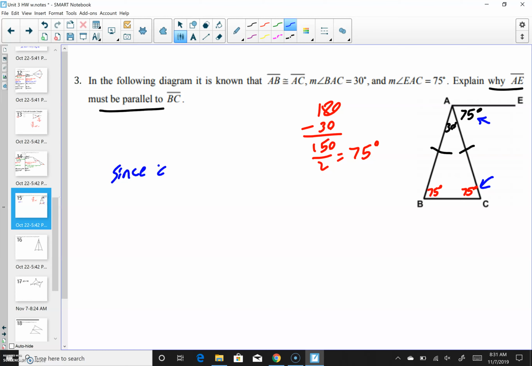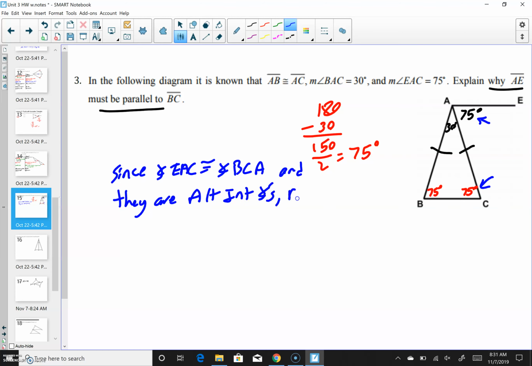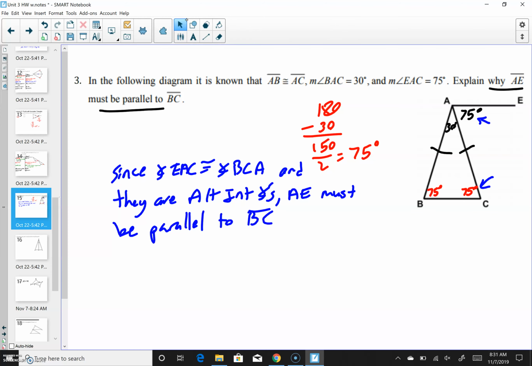So since angle EAC is congruent to angle BCA, and they are alternate interior angles, AE must be parallel to BC. When you're trying to show why something's parallel, you need to find a set of alternate interior angles that are congruent, or a set of corresponding angles that are congruent, and then you can state that the lines are parallel.